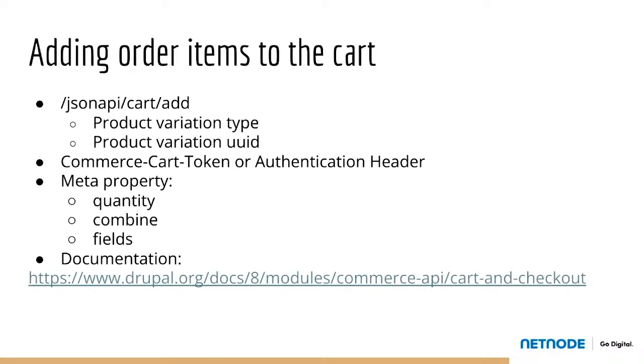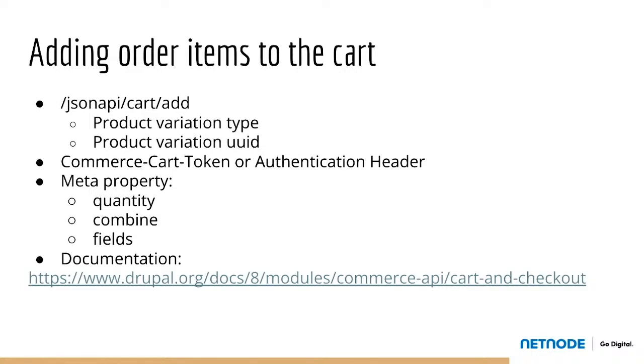This is an example request to the Commerce Cart API. You can see that it also goes under the subdirectory JSON API, and then you have /cart/add. So this is used for adding a product variation to the cart, which then is an order item on the cart.